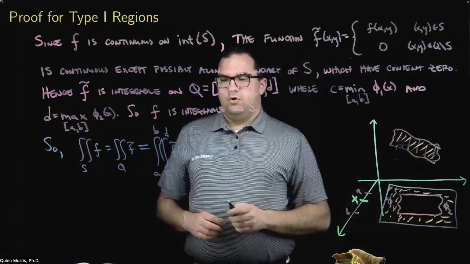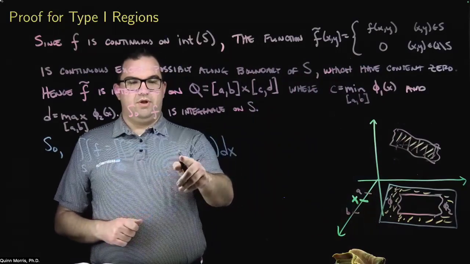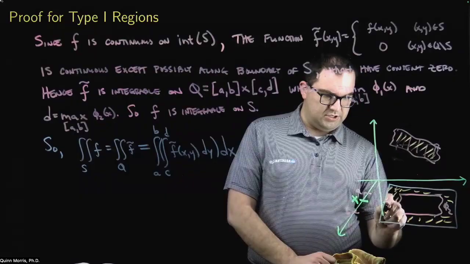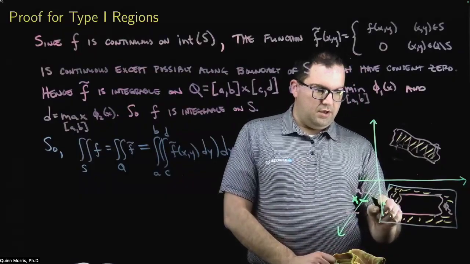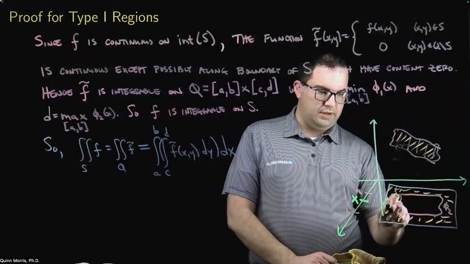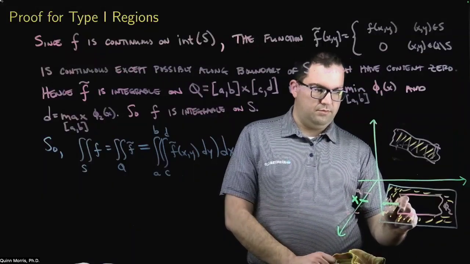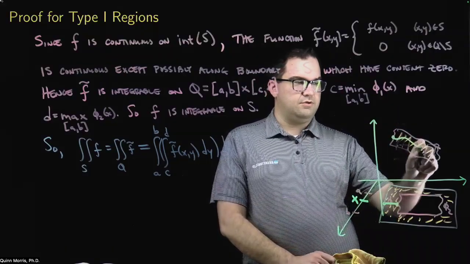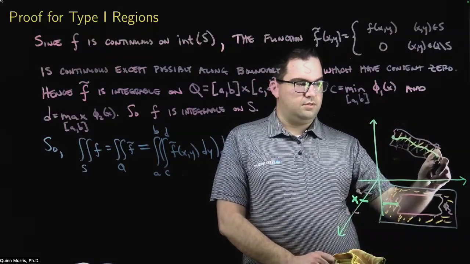Now, if I think about fixing a particular x value, let's say I fix an x value right here, what is f tilde of xy for that fixed x value? Well, on the rectangle until I hit the set S, it's just going to be 0. Then it's going to come up here and follow along this surface.